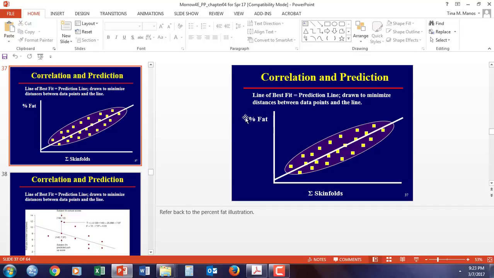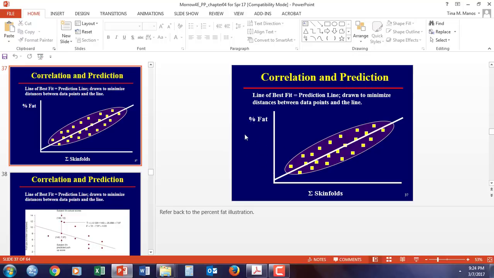We can actually determine the percentage of body fatness that you have with minimal error by using techniques such as underwater weighing or dual X-ray absorptiometry. We then can take the sum of 3 skin folds that we measure on your body, and we can relate this sum of 3 skin folds to the percent body fat determined by, and you can label this axis the y-axis or the criterion variable.